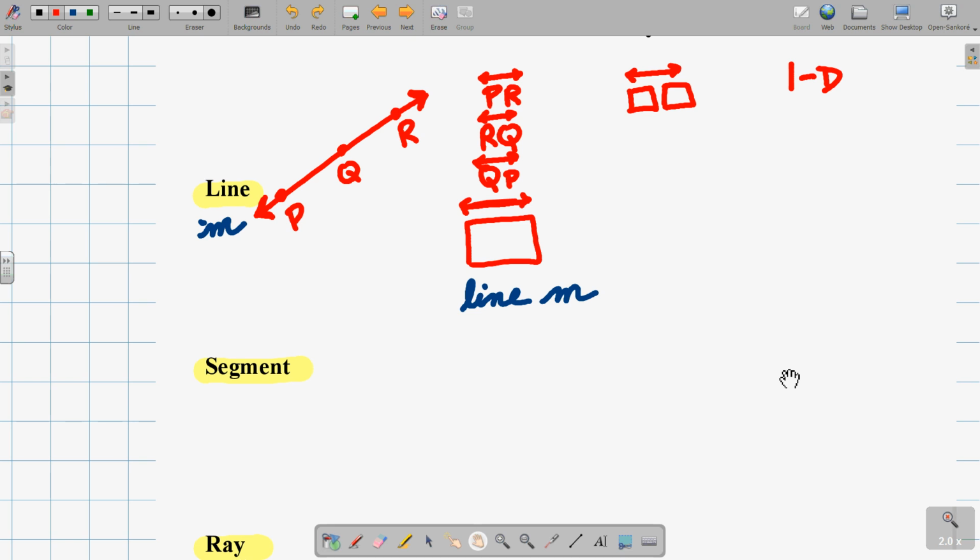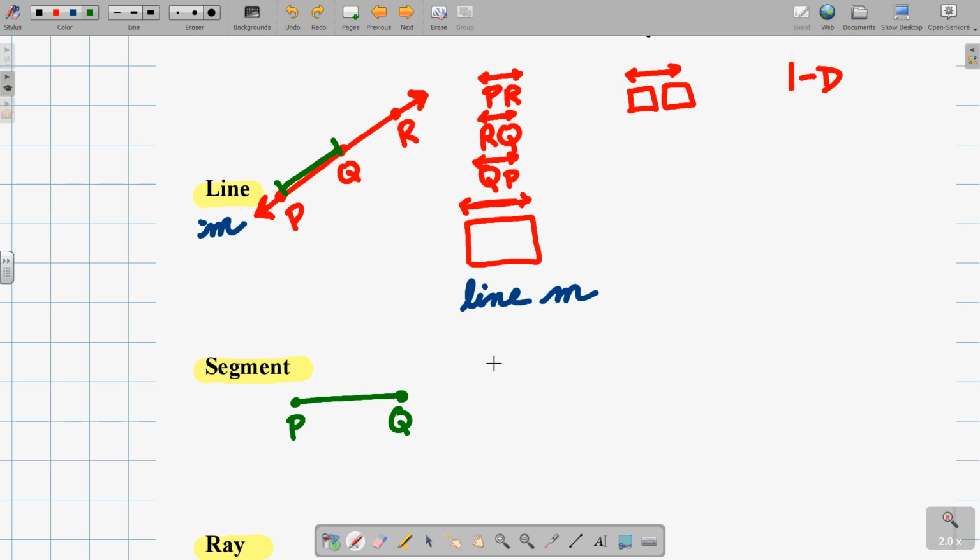Now, a segment is a piece of a line. A piece of a line. So if I just wanted to take a piece of the line and chop it off, notice there's no arrows there. That piece of a line is a segment. You end with endpoints.